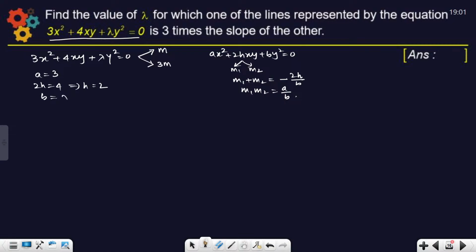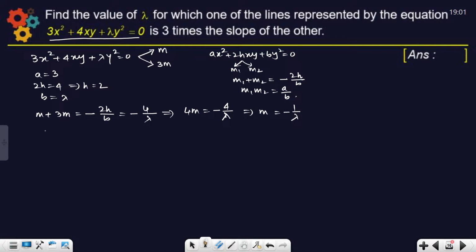And b is nothing but lambda. So the sum of their slopes is minus 2h by b, that's minus 4 over lambda, which implies 4m is minus 4 over lambda. So we are getting m as minus 1 over lambda.